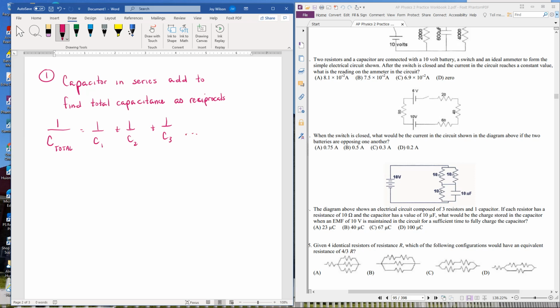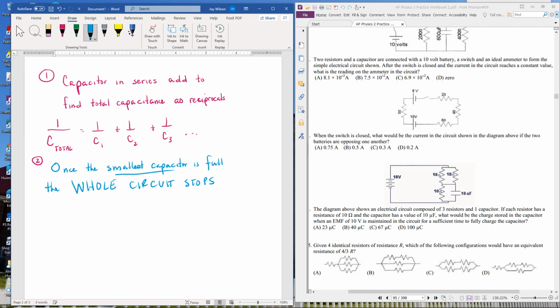It also means that, number 2, once the smallest capacitor is full, the whole circuit stops.